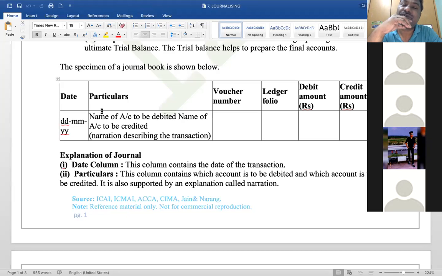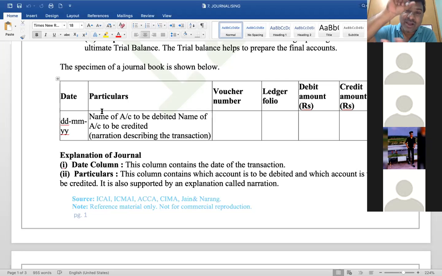What is ledger folio? Ledger folio is the page number in which this particular transaction reflects in the ledger. Ledger is a book containing so many accounts. All accounts are recorded in that single book, which is bulky.